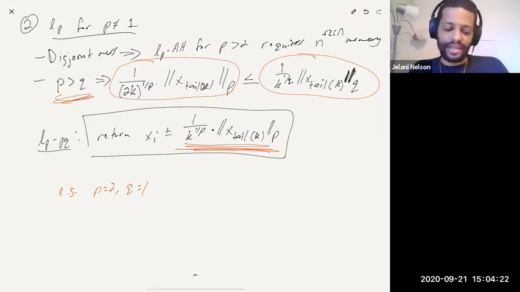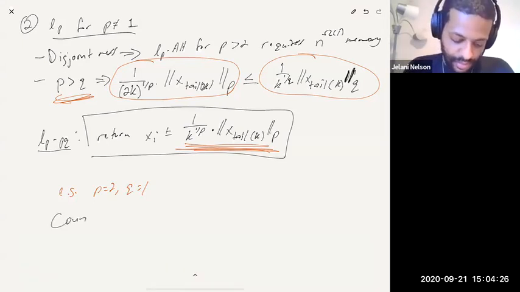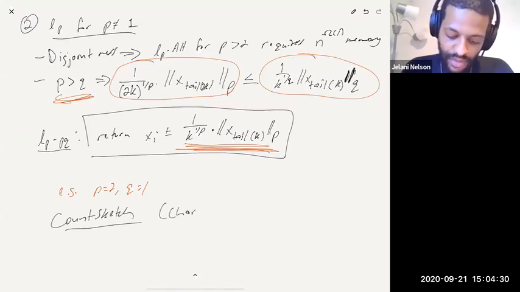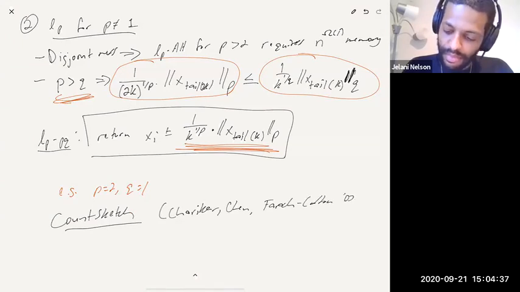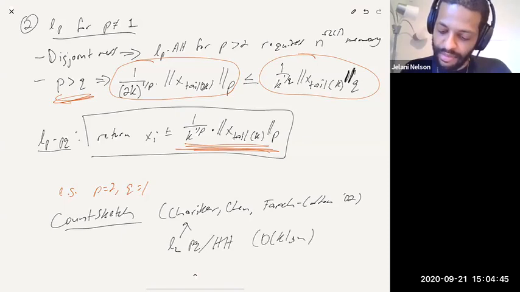And in fact, there's something called the count sketch, due to Charikar, Chen, and Farach-Colton, that solves the L2 version of point query as well as any other. And it uses O of k log n memory.